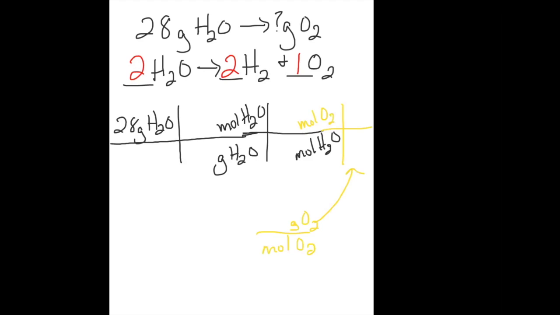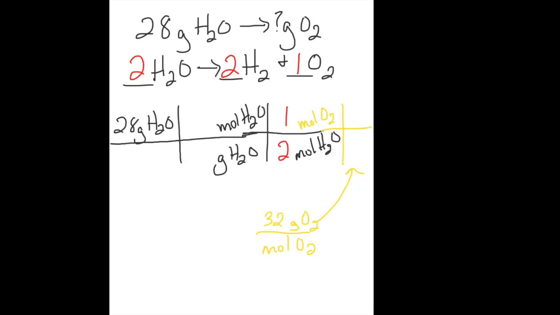So from the last question, we figured out that the formula mass of O2 is approximately 32 grams. From our balanced equation, we know that the 2 goes down here with the H2O moles, and the 1 goes with the moles of O2.